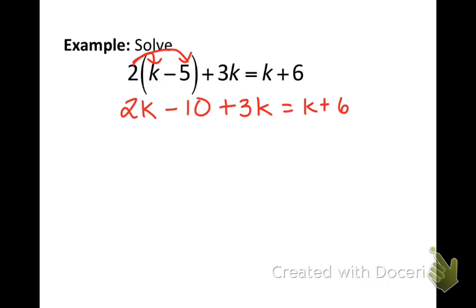Now real quickly, I'm just going to pause for a second to talk about my expectations for what you were showing me for your homework. I do want to see steps for your homework, but you may not necessarily, for example, okay, so let's combine the left side. I get how many k's on the left side? 5k, good. Minus 10 is equal to k plus 6.